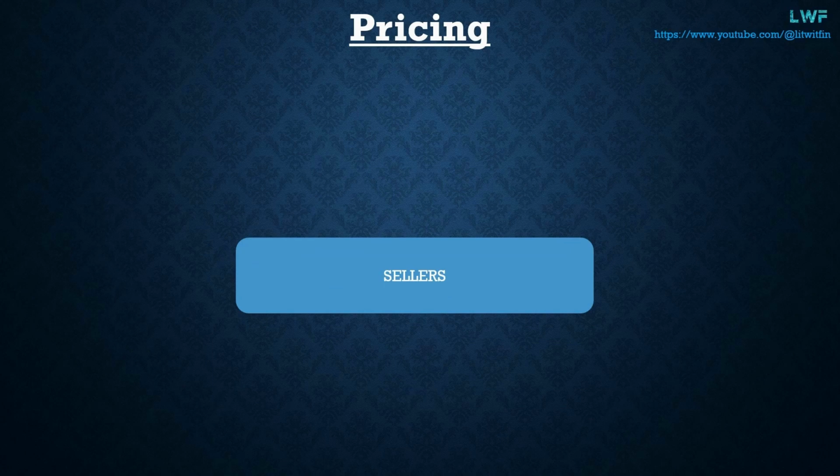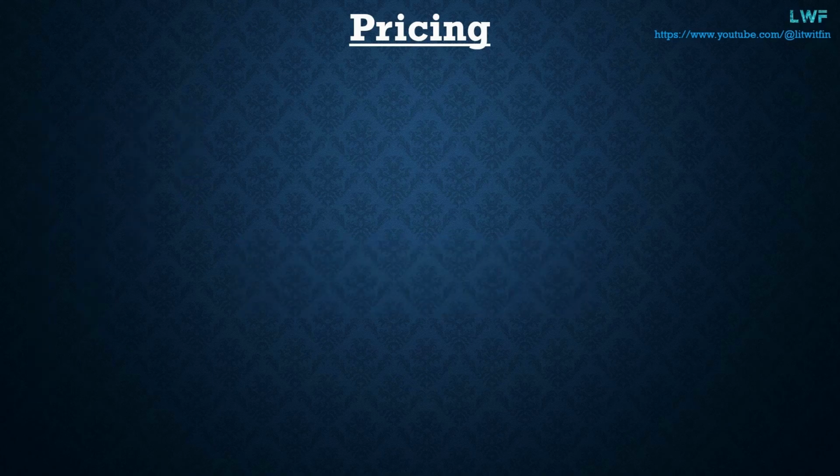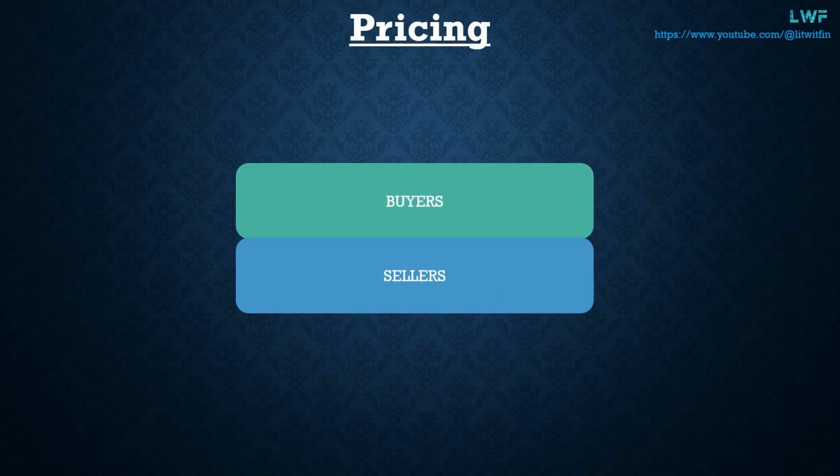In this way, they put upward pressure on prices. When the buyers and sellers in the market reach agreement on a price, they establish a market price. This represents the agreed average price between all the buyers and all the sellers.